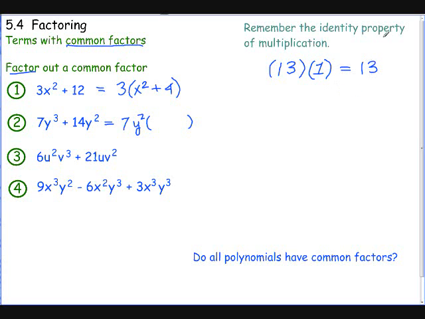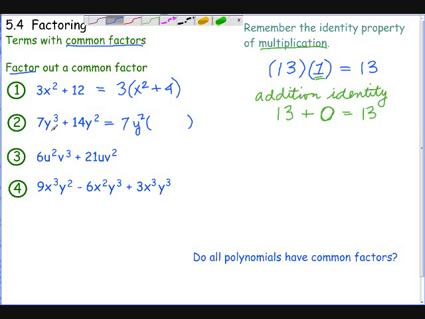And while we're talking about identity properties, just for the fun of it, what is the identity property of addition? What is it we can add to 13 that will not change 13's identity? Indeed, right. The addition identity is 0. The multiplication identity is 1. Very good.